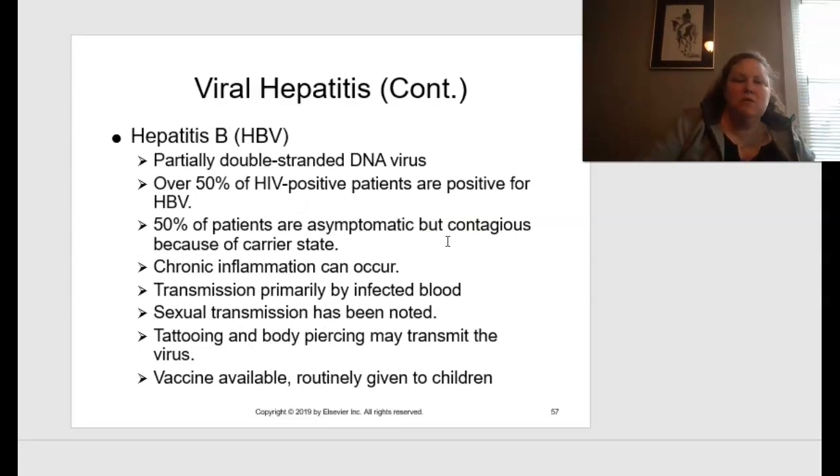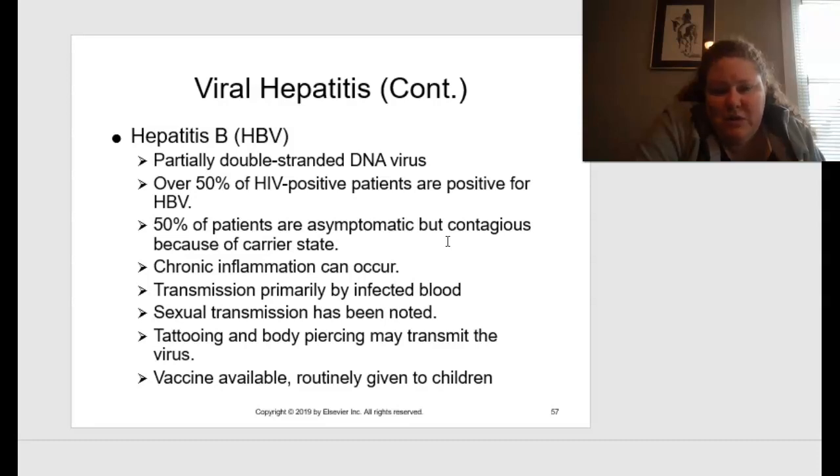Hep B is a partially double-stranded DNA virus, where over 50% of the HIV positive patients are also positive for Hep B. 50% of the patients are asymptomatic but contagious because they are carriers, and chronic inflammation can also occur. Transmission is primarily by infected blood.